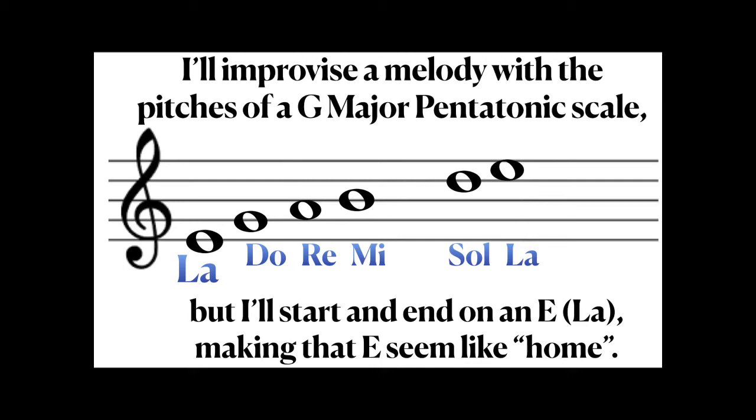As you heard, it uses the same pitches, but changes where home is. This is called an E minor pentatonic scale. It has the same pitches as G major pentatonic, but the tonal center is placed differently.